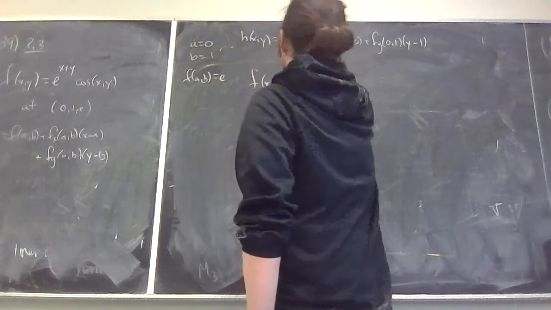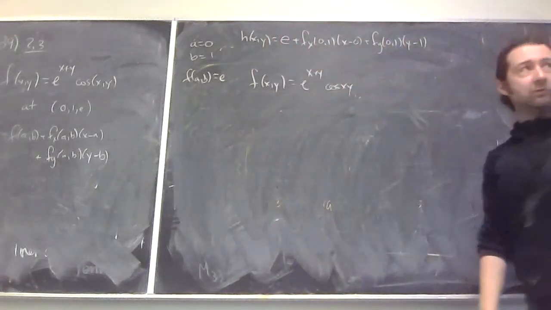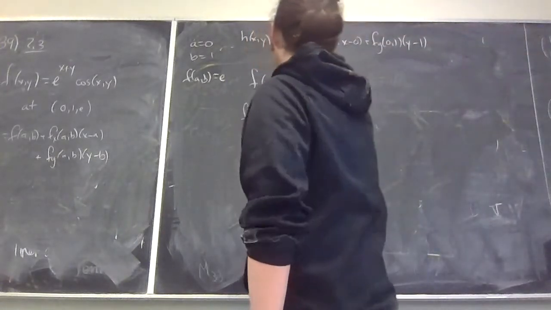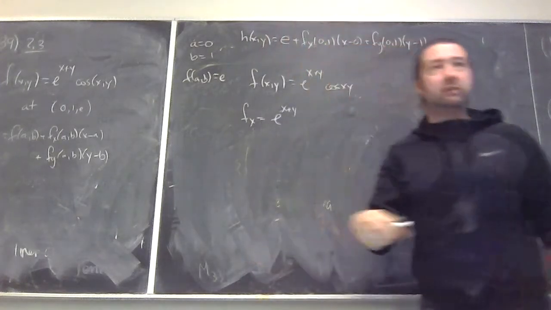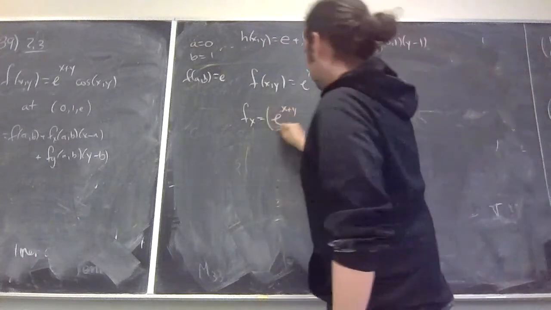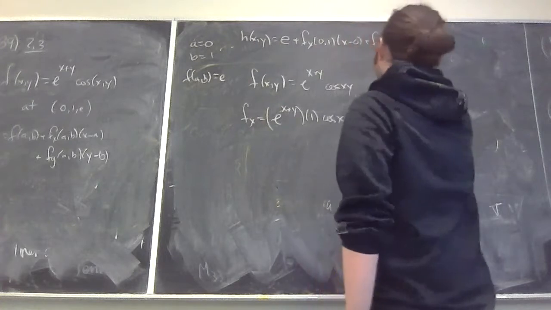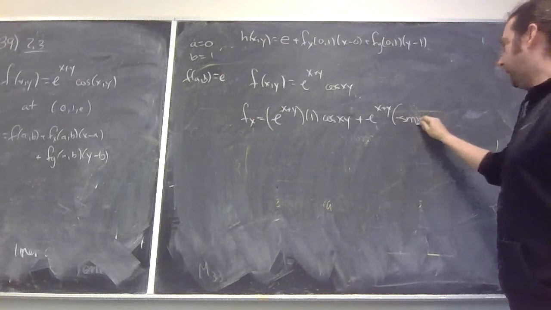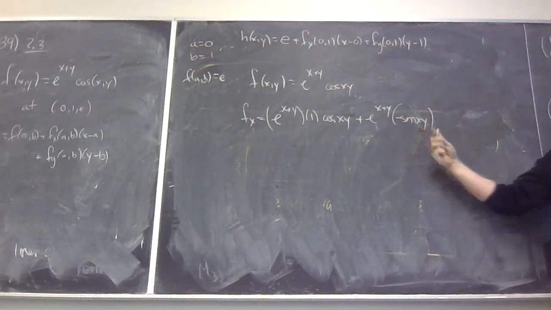So if f is equal to e to the x plus y cosine of xy, then by the product rule, f_x should be equal to e to the x plus y times the x derivative of x plus y, which is 1, times the cosine of xy, plus e to the x plus y times the derivative of cosine, which is minus the sine of xy, times the x derivative of the inside function, which is y.